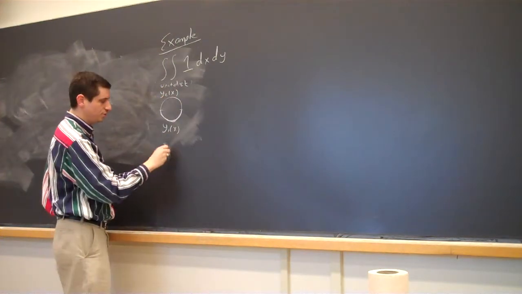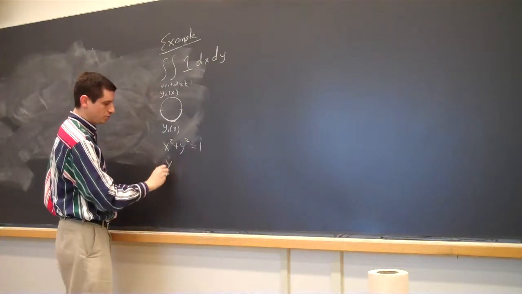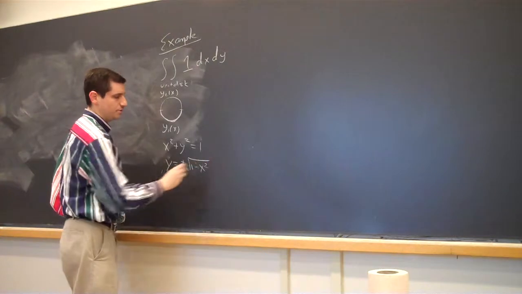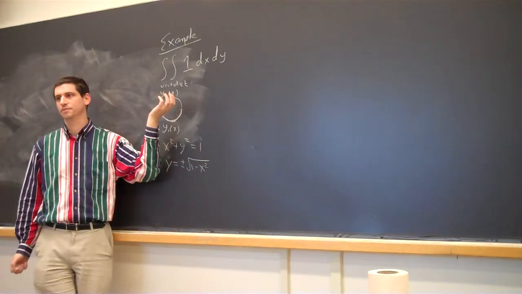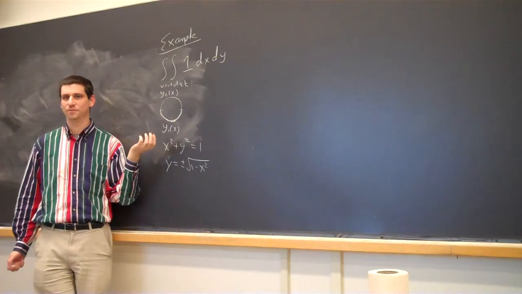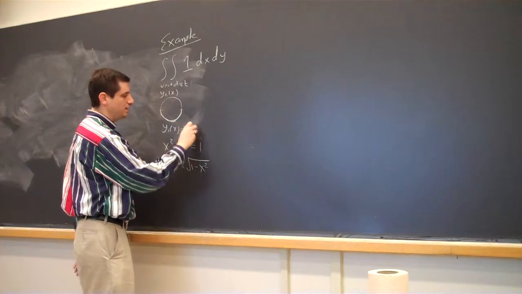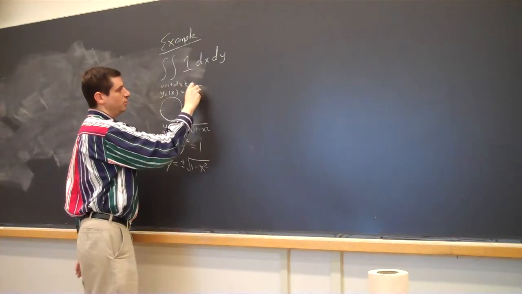The equation of the circle is x squared plus y squared equals 1. So y is plus or minus the square root of 1 minus x squared. One of these is going to be the bottom, one the top. Which one do you think is the bottom? Negative. So y1 of x is negative square root of 1 minus x squared, and y2 of x is the square root of 1 minus x squared.